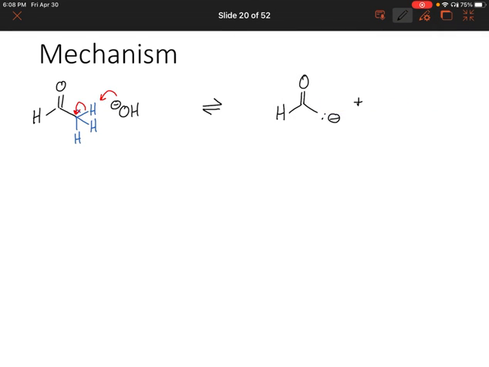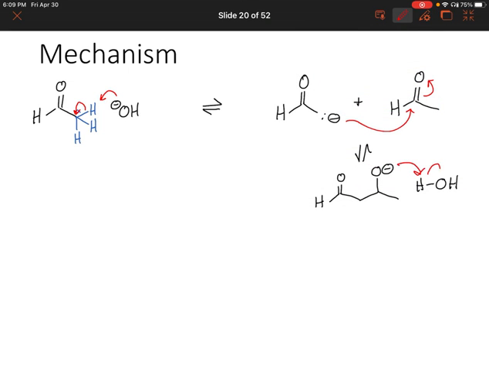And now we're going to react our enolate with our aldehyde, just like we saw before. Okay, so this is where we've gotten to previously. Just going to protonate that oxygen to create our alcohol. Okay, so what happens now if we add heat?